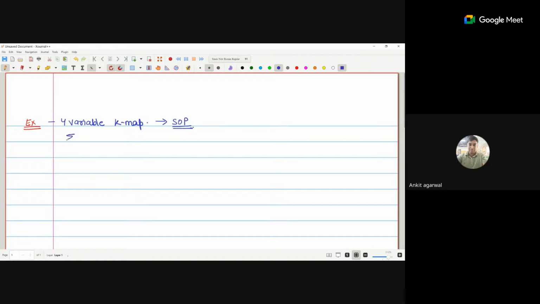So sigma m 0, 1, 3, 4, 7, 8, 10, 12, 13, 14, and that is the F of A, comma B, comma C, comma D.